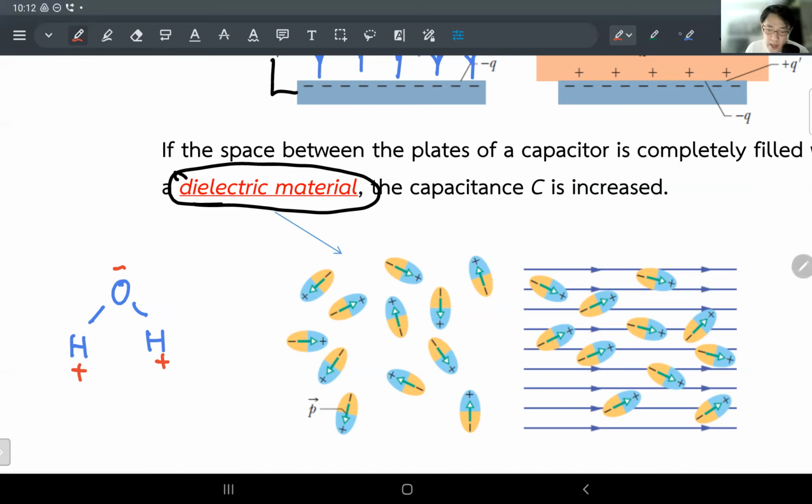If I would like to represent this as a simple diagram, I can write the negative part on top and the positive part on the bottom. Does that make sense? Or even better, I can introduce an arrow pointing from negative to positive, just to give you the direction of the charge distribution in that molecule.